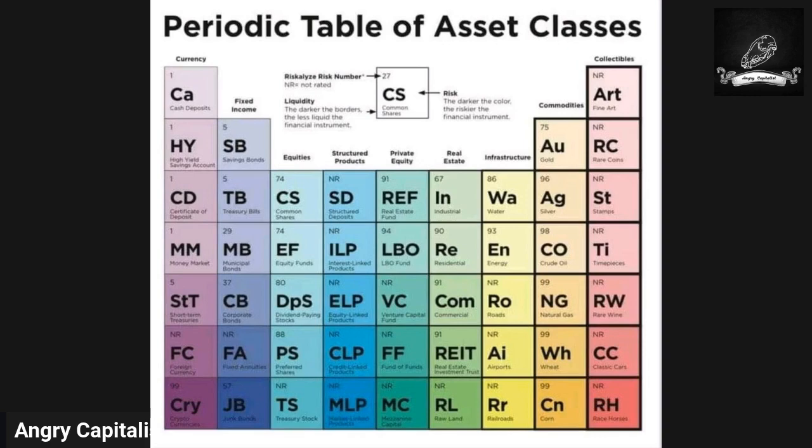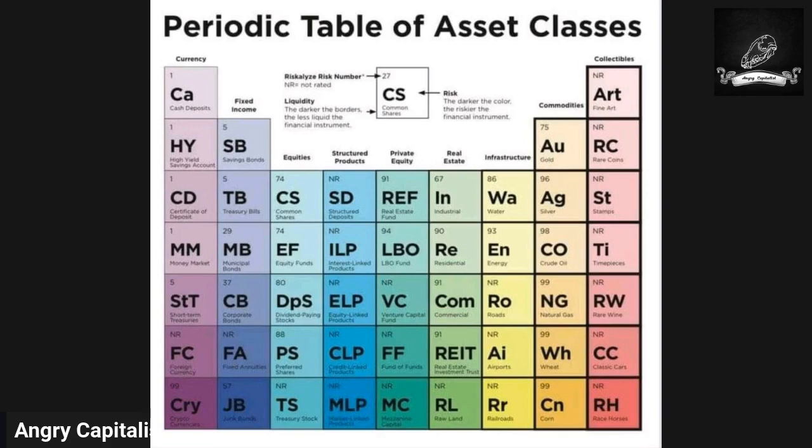So you've got different numbers, and then you also have NRs, which are not rated. The NR would apply to things that have such variance within the asset class that it's near impossible to rate it.